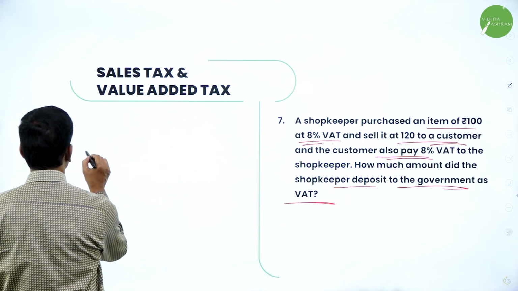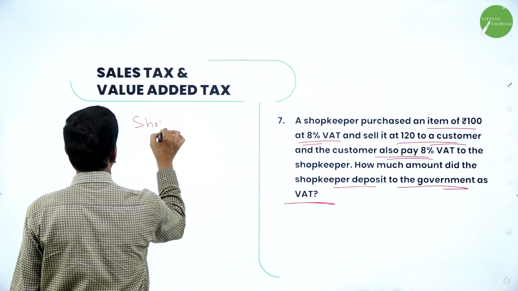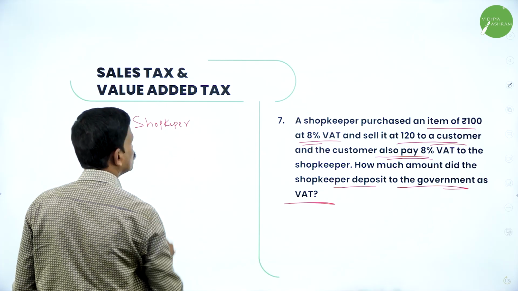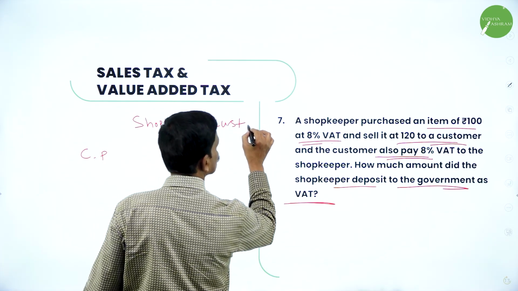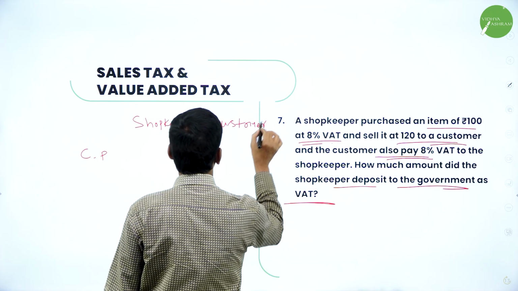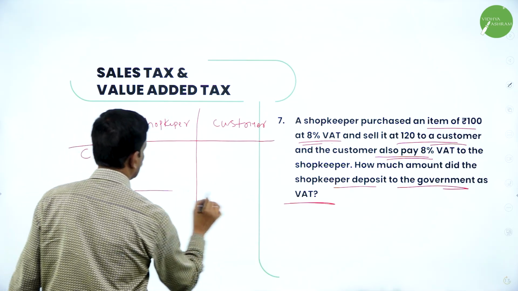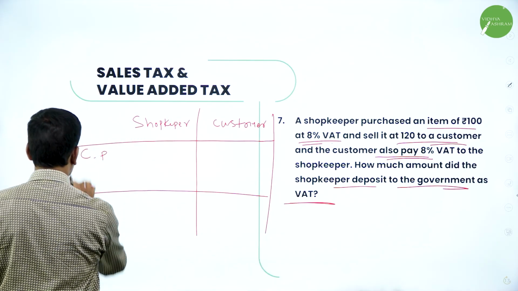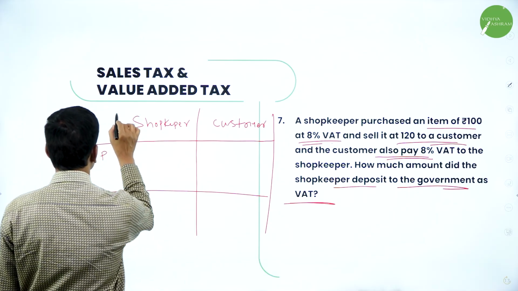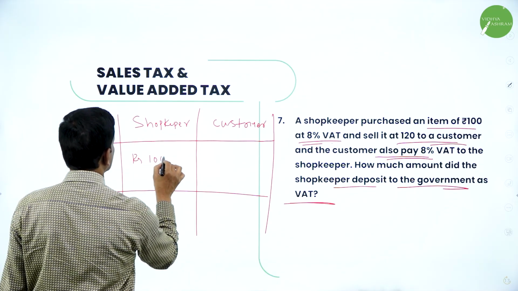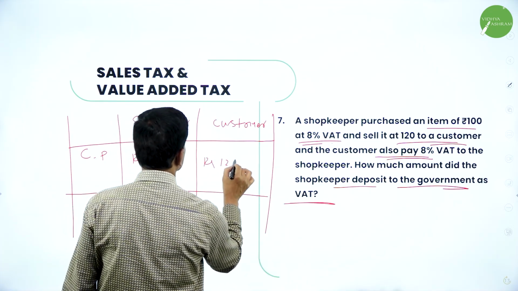Right. So let us calculate the cost price for the shopkeeper and the customer. So the shopkeeper purchases the item for rupees 100, and for the customer he will sell for rupees 120.